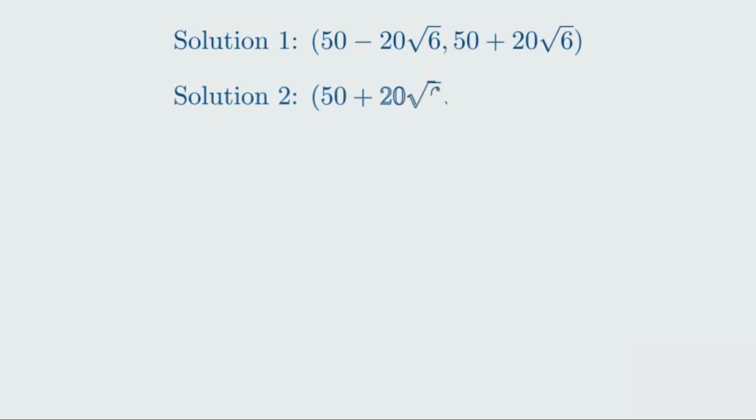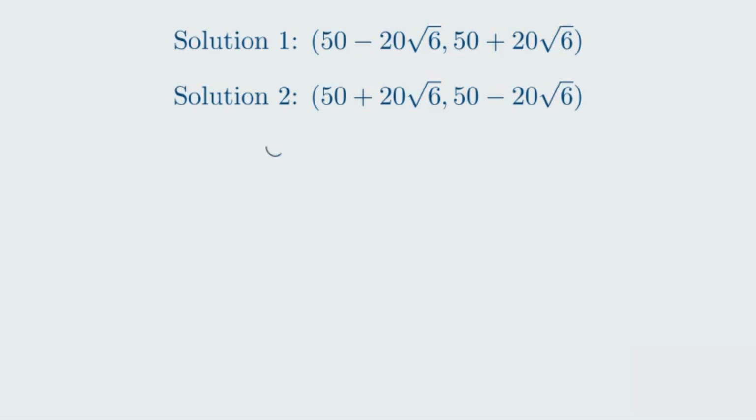We can see that these two solutions are related. The x and y values in the first solution are swapped in the second due to the symmetric nature of our original equations. To be absolutely sure, we could check our answers by substituting them back into the original equations. This is a great habit to get into. Let's briefly check the first solution in the first equation. The equation is x plus y equals 100.